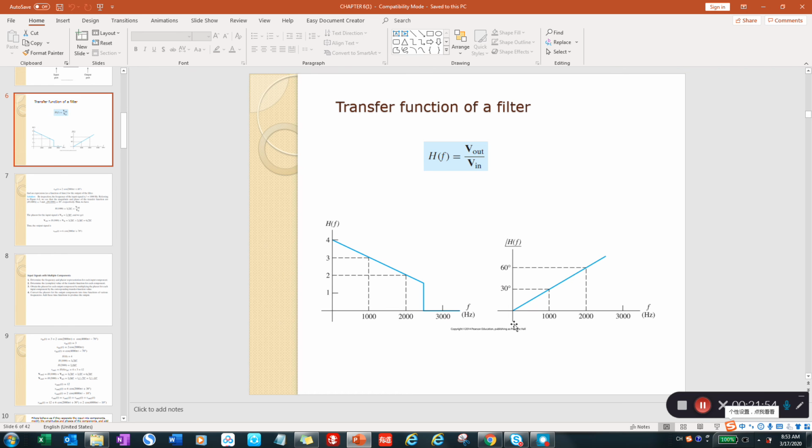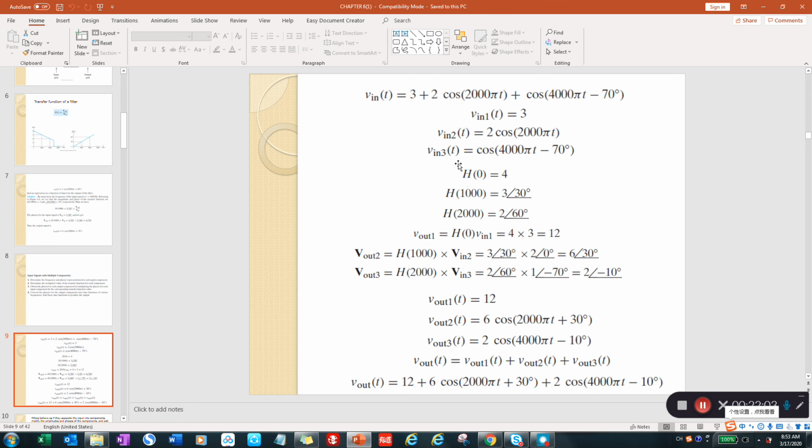And if the frequency is 0, the phase angle will be 0.